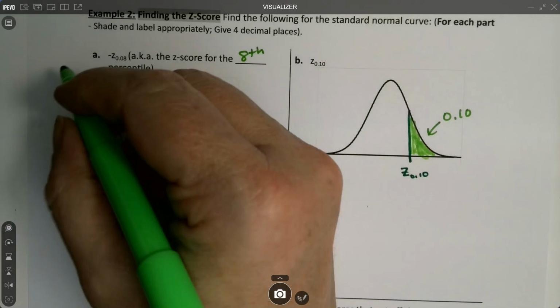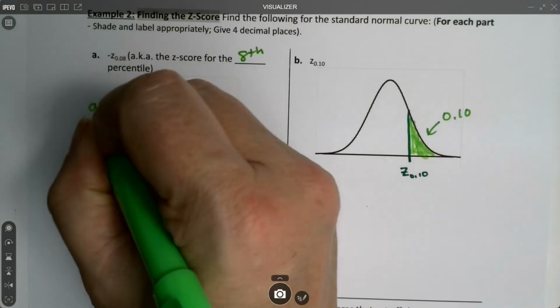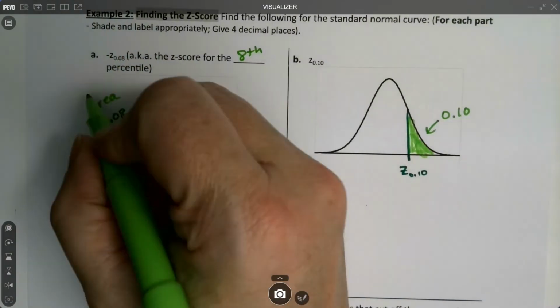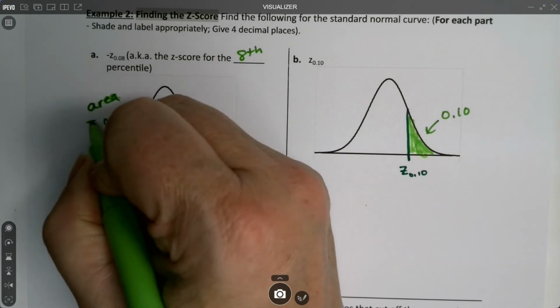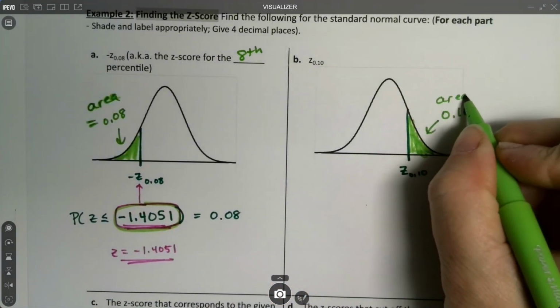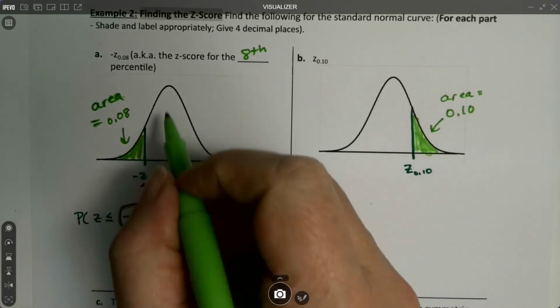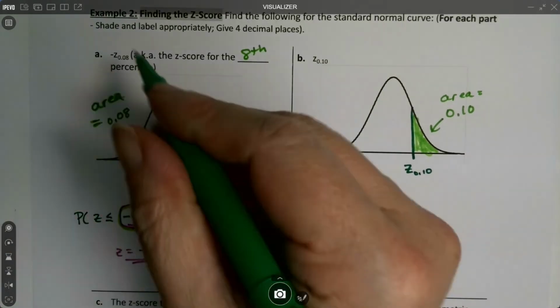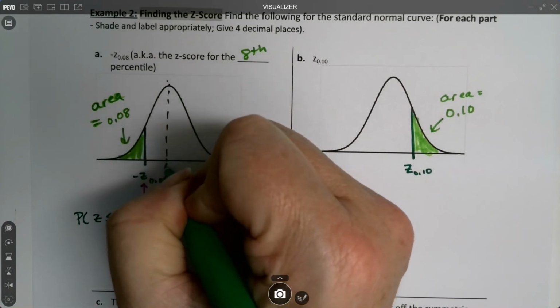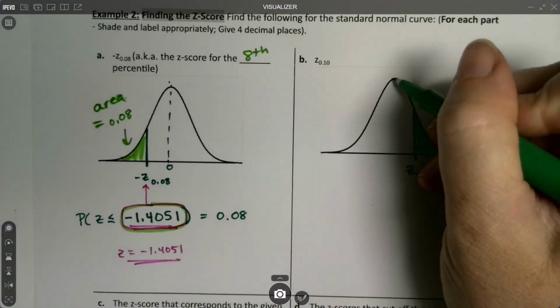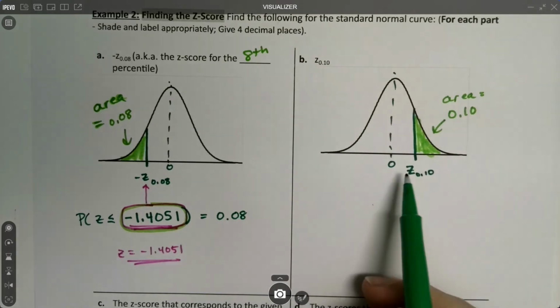So if you like, you can say to yourself, hey, area, right? These are areas over here. The area is not negative. Area can never be negative, but the values can be negative. Z-scores can be negative because the center line is 0. So any z-score to the left of 0 is going to be negative. This one is going to be positive because I'm to the right of that 0.